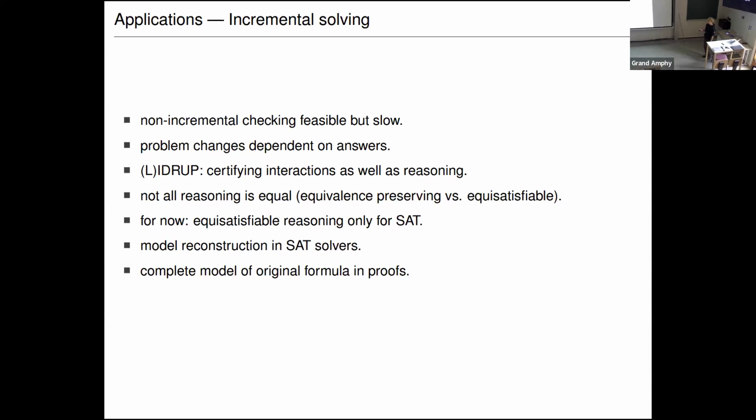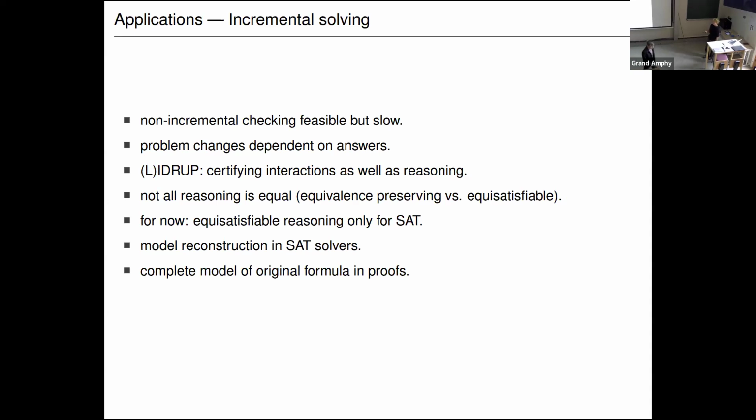So we have equisatisfiable reasoning for incremental solving, and this is handled by model reconstruction in the solver right now. We can also move it to the proof if we're clever. VeryPB does this somehow with check deletions.